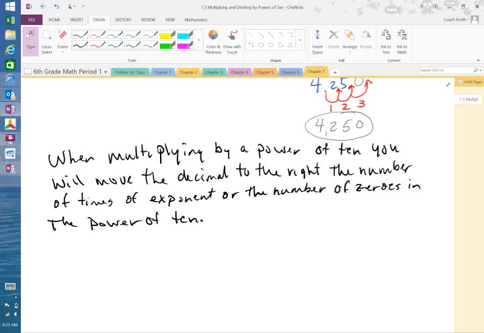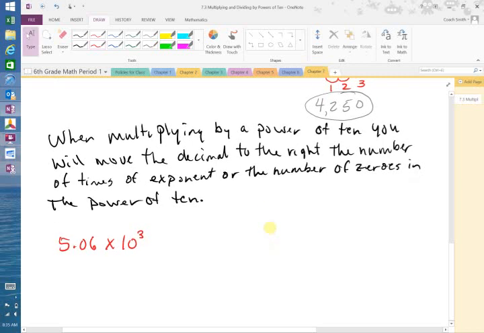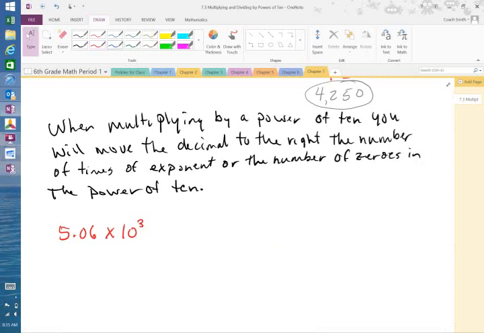Okay, so let me show you one directly out of your homework. 5.06 times 10 to the third. Here's my exponent, 3.